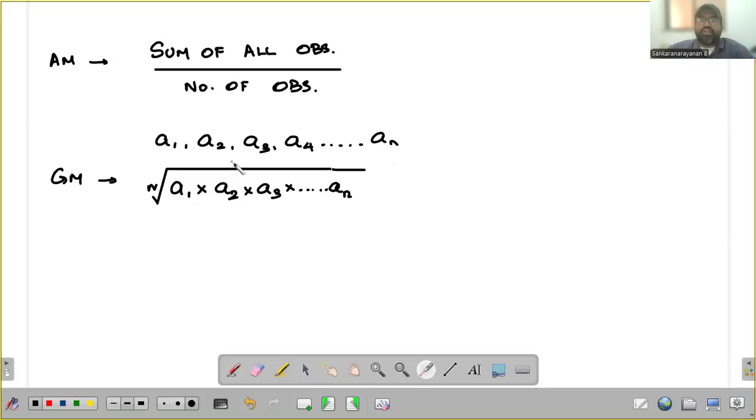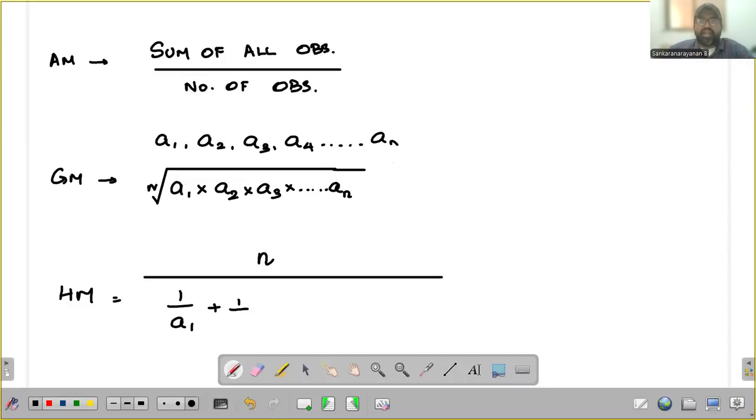So you take the product of all these observations and then take its nth root. That is how you calculate the geometric mean. And when we have n observations, to calculate the harmonic mean, the formula you have to consider is n divided by, observe it closely, 1 by A1 plus 1 by A2 plus 1 by A3 plus etc.